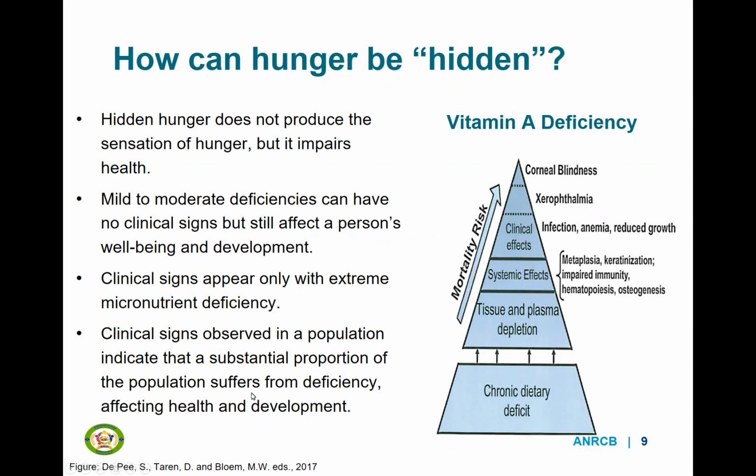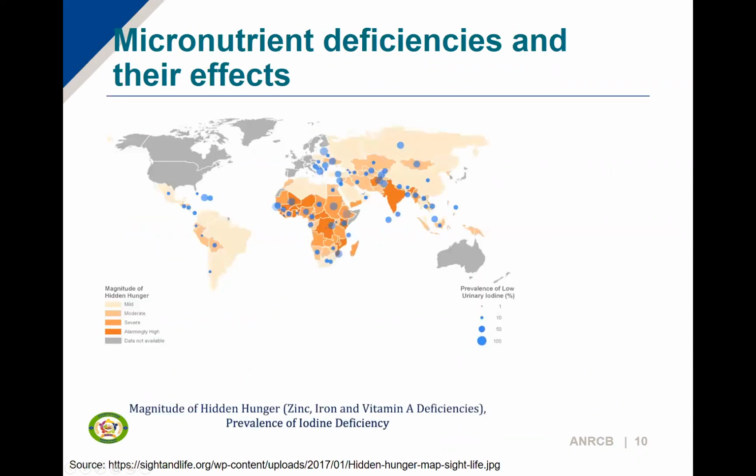So the message here is that if you do see some level of night blindness, for example, in a population, what that means is that there is probably a substantial proportion of the population that is suffering from deficiency and that it's affecting growth and development and health without being visible. And hence, this is why it's called hidden hunger.